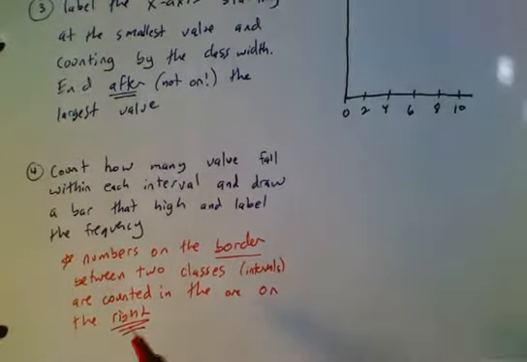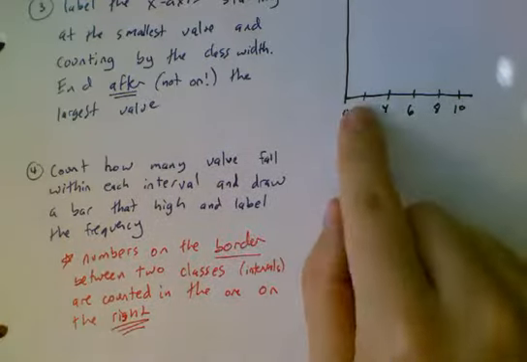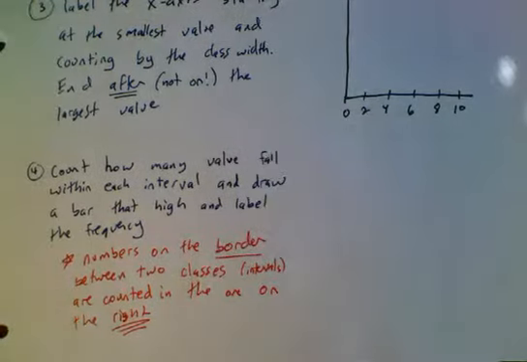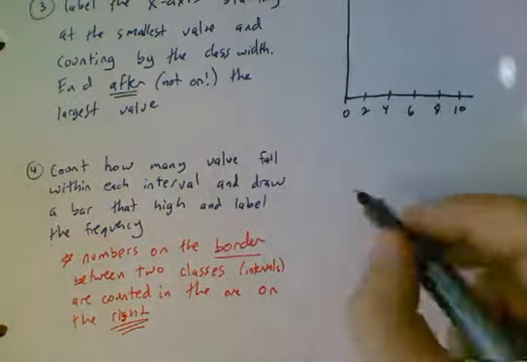This does vary a bit depending on what statistics class you're working with. There are some other ways of doing it, but we're just going to use one of the simpler conventions here. If we have a number like 2, 2 goes in this interval here, not this interval here. So let's see what that looks like.